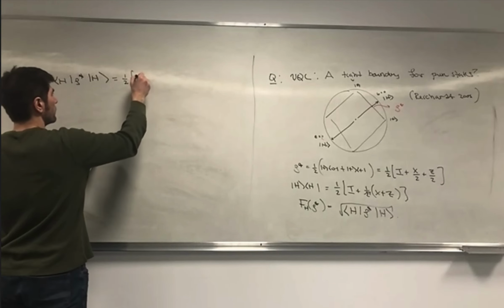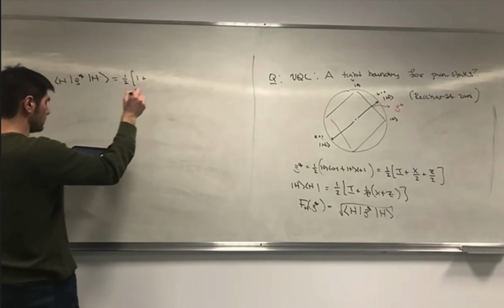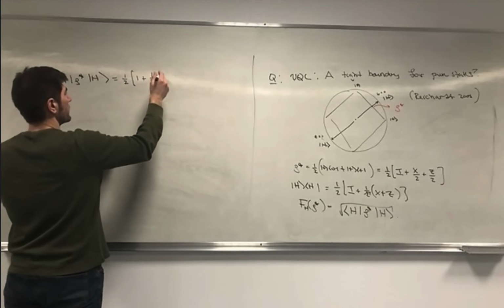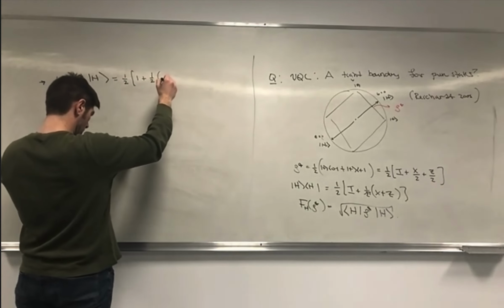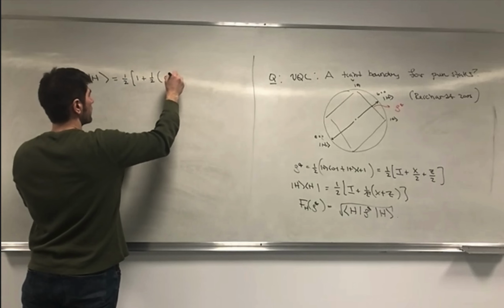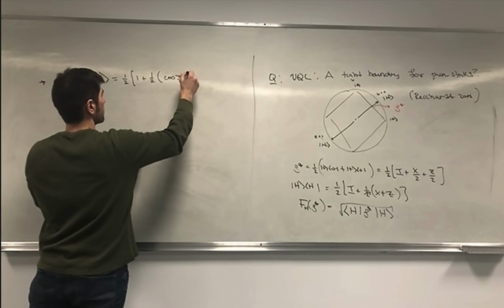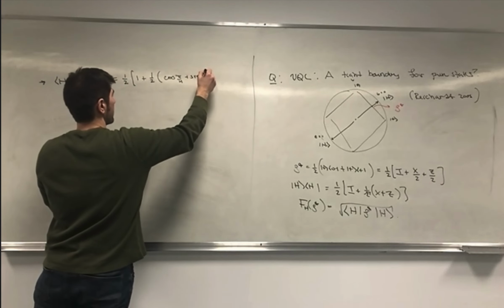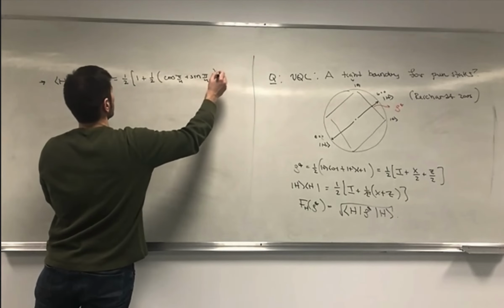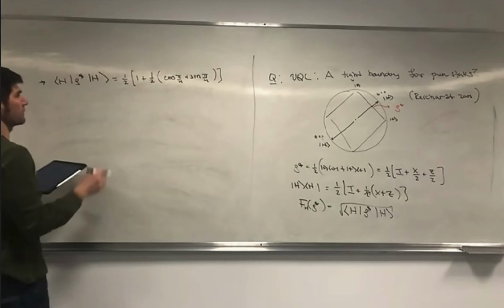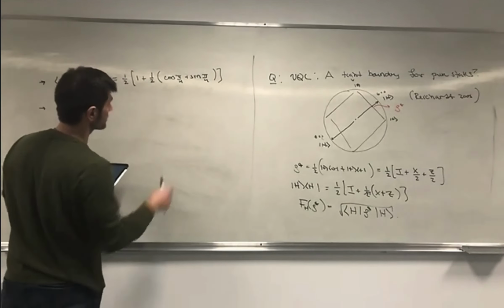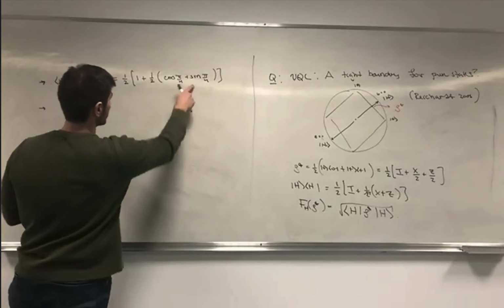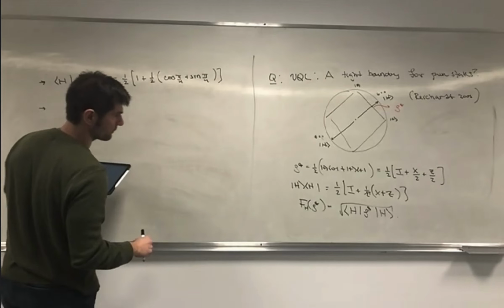1/2 (1 plus 1/2 (cosine pi over 4 plus sine pi over 4)), which are precisely the same thing. So this is 1 over the square root of 2, and there are 2 copies of them, so that gets rid of one of these.